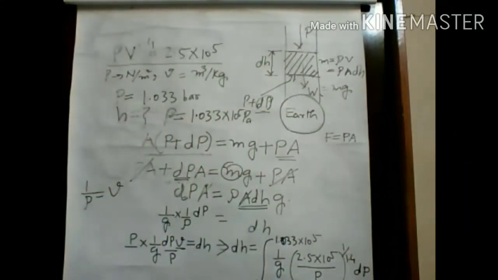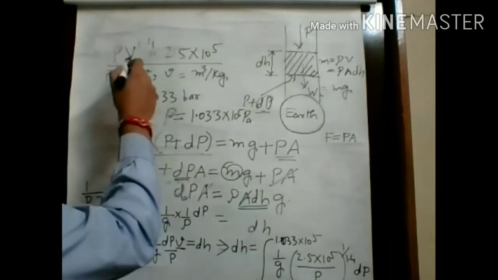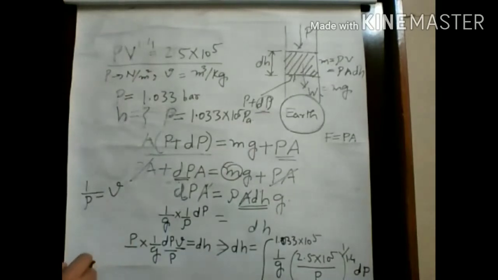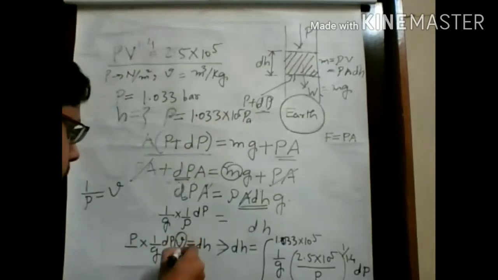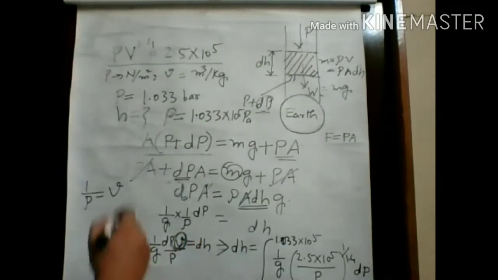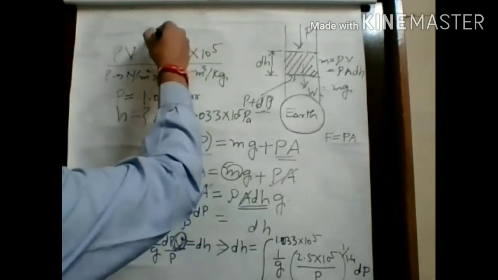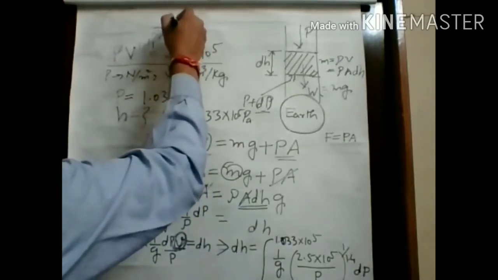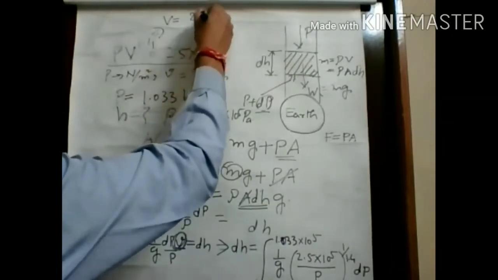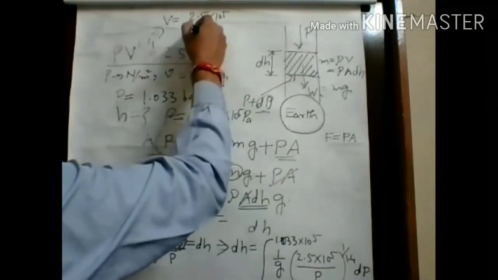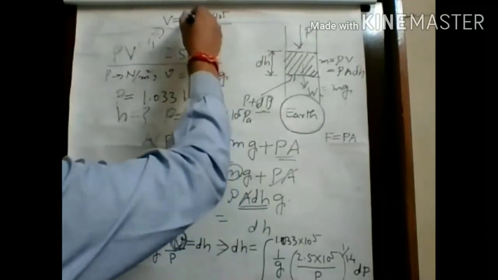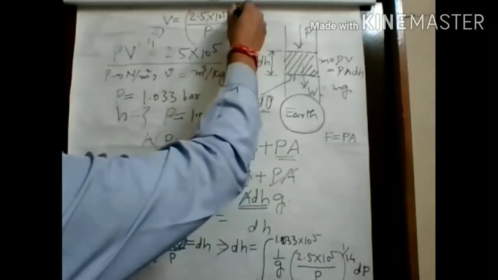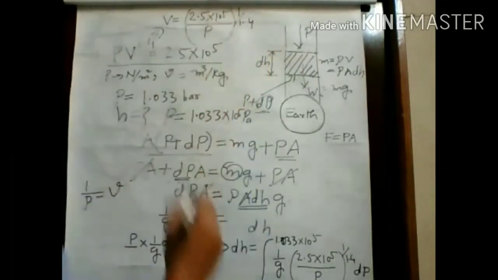How do we get this expansion? See, since PV to the power 1.4 equals 2.5 into 10 to the power 5, in place of V we write V equals 2.5 into 10 to the power 5 upon P, whole power 1 upon 1.4.